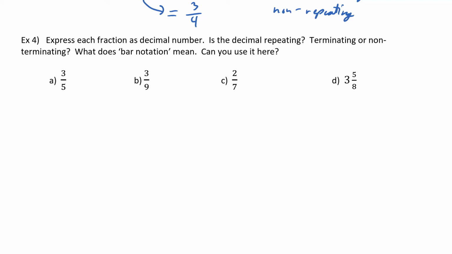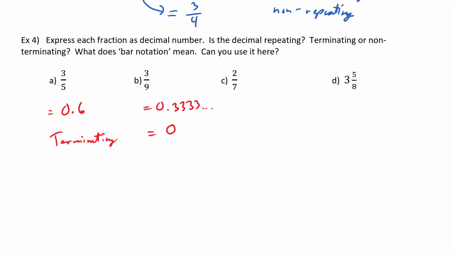Let's take it up. 3/6, if we type that in our calculator, that would be 0.5. So this one is terminating. It ends. 0.5, done. No continuing on. 3/9, we can write that as 0.33333, and it goes on forever.